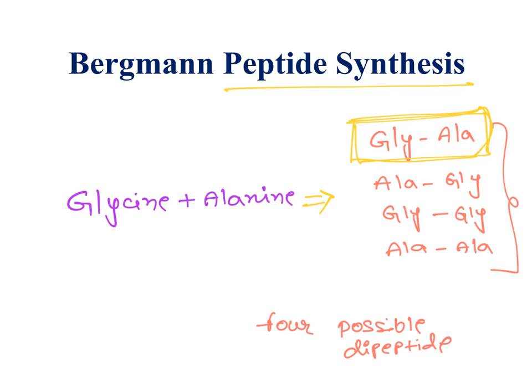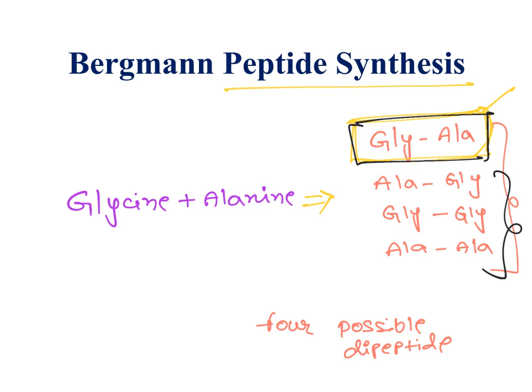If you take two amino acids and form an amide bond, we will always get a side product along with the desired product. How do we tailor this reaction to get our desired dipeptide?